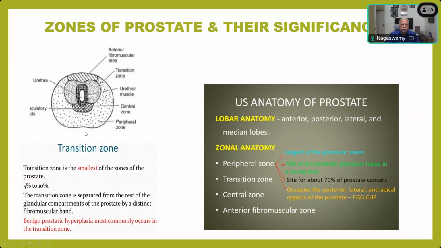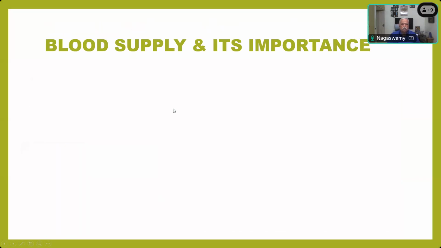So this is the anterior fibromuscular zone, transition zone, the central zone and peripheral zone. So these are the zones which are responsible.